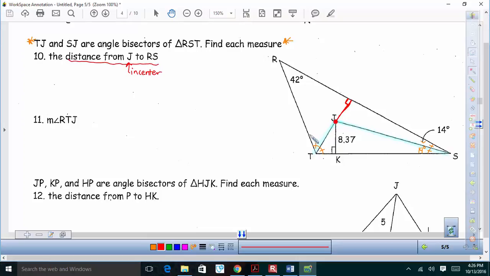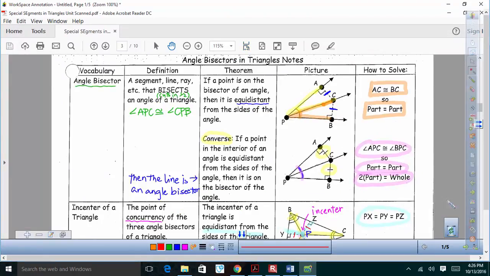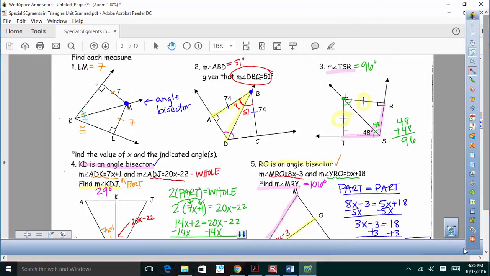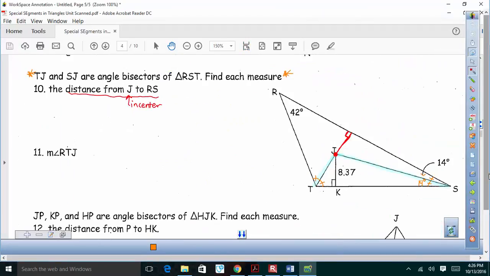Okay? And now, if we look back at our notes, it tells me that from the incenter of the triangle, it is equal distance to each side of the triangle. So if we look at this example, from the center to the side here is 8.37.